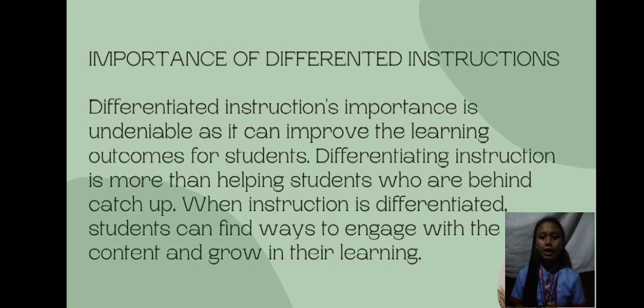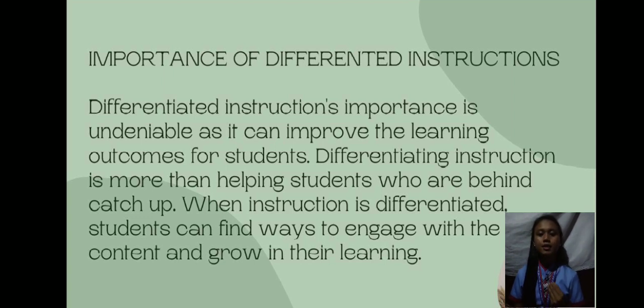Since students have different strategies in learning, when those needs are being met, surely they would perform well and improve their learning outcomes. And differentiating instruction is more than helping students who are behind catch up. For those students who need help to catch up, differentiated instruction is very vital and important.